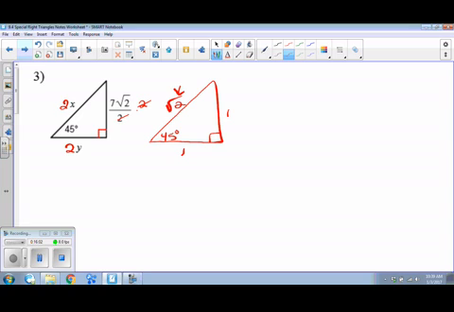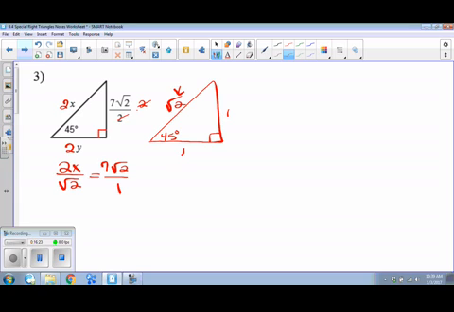So again, now let's solve for x and let's write that proportion. So we have 2x over square root of 2, right? Equals 7 square roots of 2 over 1.